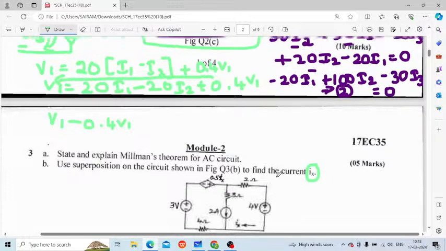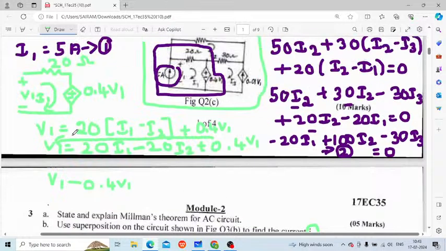Like that, here it is the voltage. Voltage is equal to the algebraic sum of all the responses due to each independent source acting alone. Fine. Okay. So now it is V1 minus 0.4 V1, which is equal to 20 I1 minus 20 I2 students.